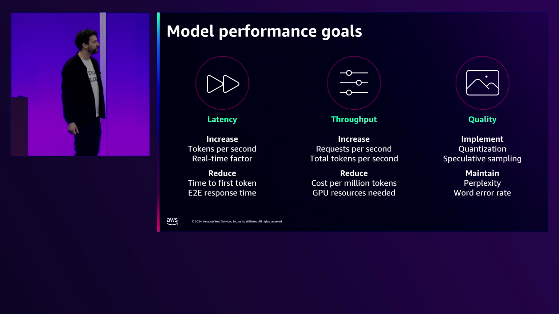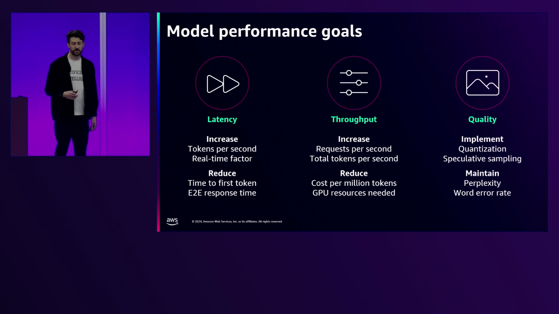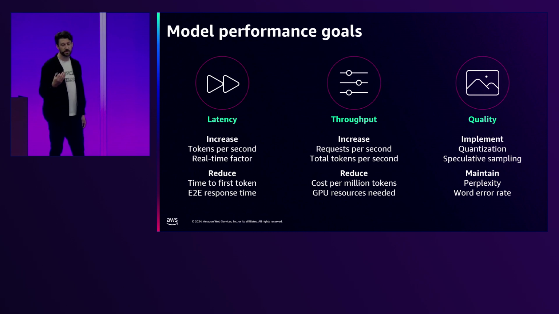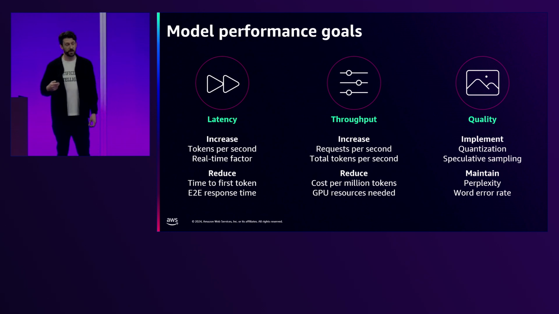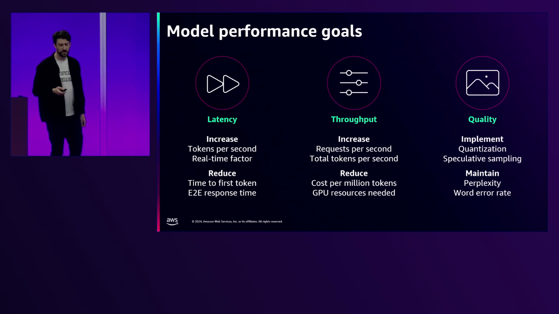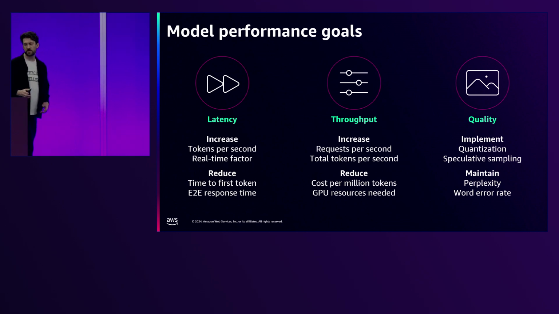Then we have throughput. That's going to be our measure of the efficiency of the model. Like how many inputs can we process per instance of our model, or how cost efficient our model is going to be at generating outputs. And finally, we have quality. How do we maintain consistently high quality outputs when optimizing for performance?